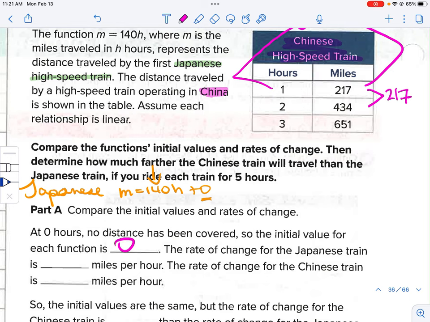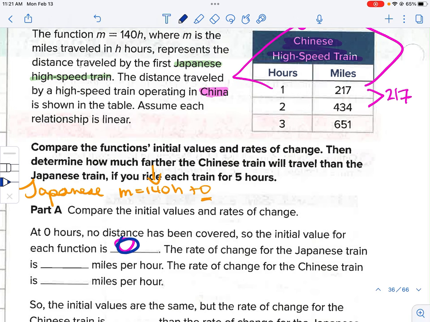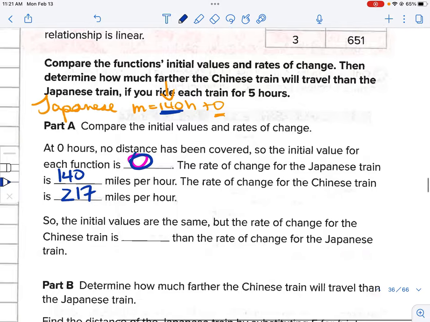The rate of change for the Japanese train, right here, tells us how fast it's going, 140 miles per hour. For the Chinese train, we already found it to be 217 miles per hour.